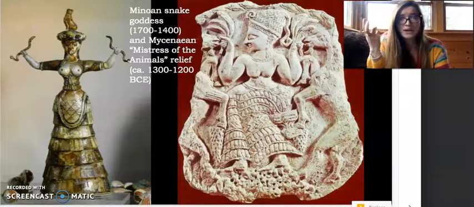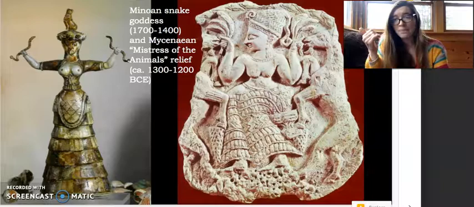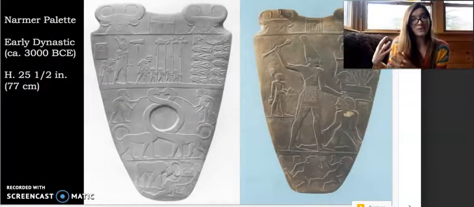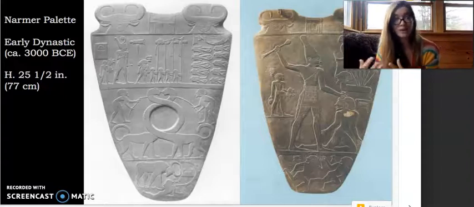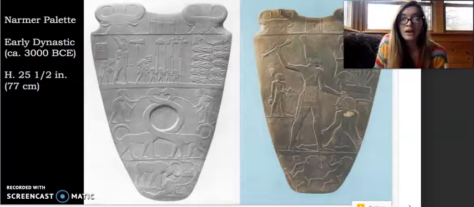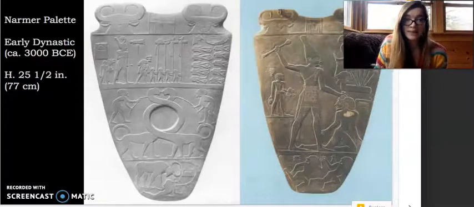And it is also, in some cases, the next one that we're going to look at, for example, not necessarily a positive attribute. So if we go all the way back to Egypt, back to our Narmer palette that we visited also early on in this course, here we see male nudity confined to the class of defeated enemies and slaves.